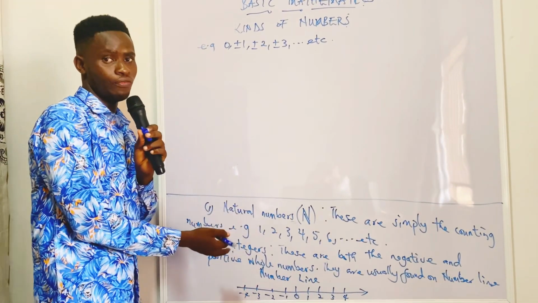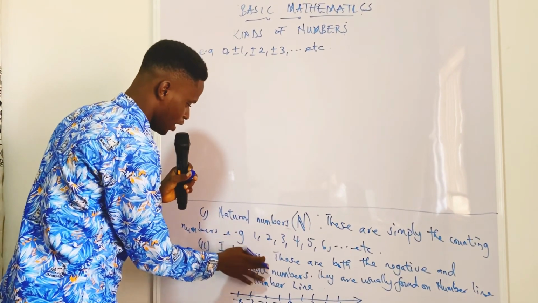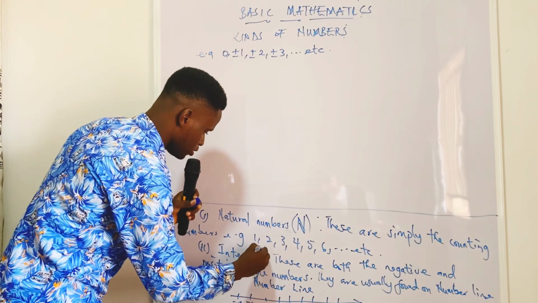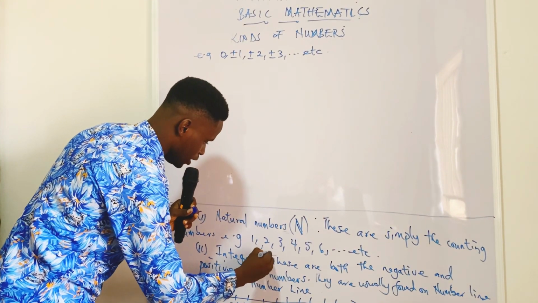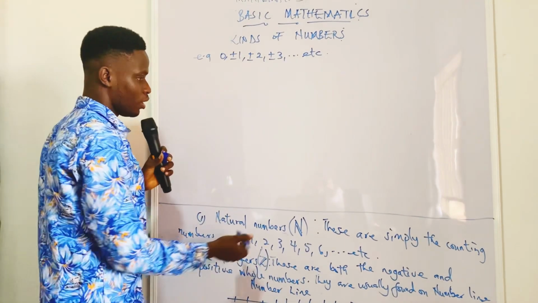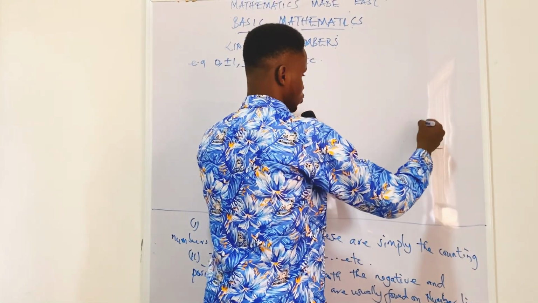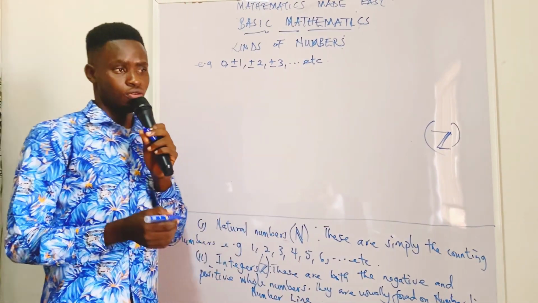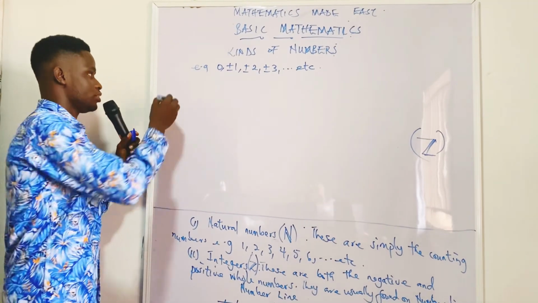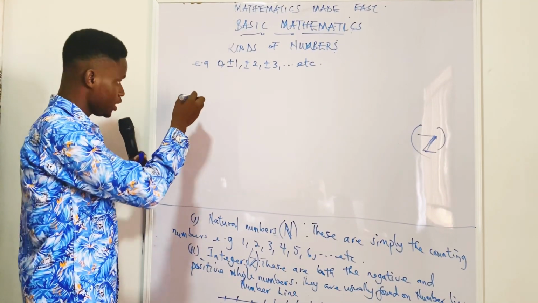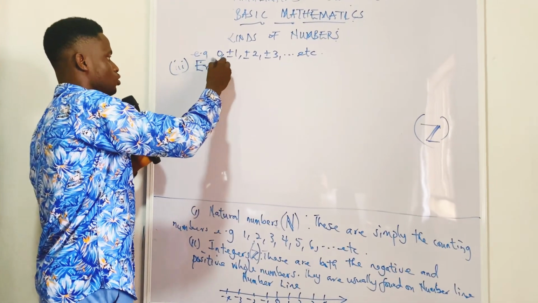The general symbol for integers is always in the form of the letter Z. Then you put a line like that. So whenever you come across this symbol in the form of the letter Z, you should know that it refers to integers. The next kind of number we'll be considering is even numbers.